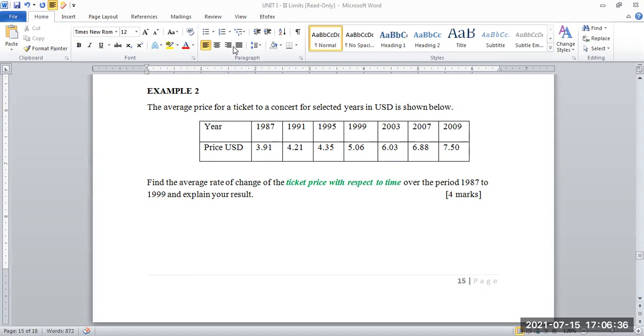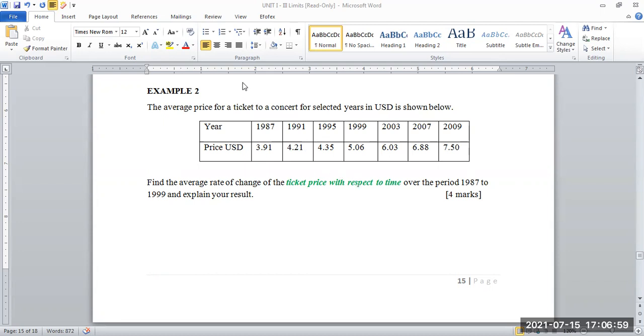Where the solution is, we have the year right in the center, with 6 or 7 years going up, and right in the center is 1999, and the figure is 5.06. You subtract 1987 from 1999 and come up with 12 years. For the price, you subtract $3.91 from $5.06 and get $1.15.